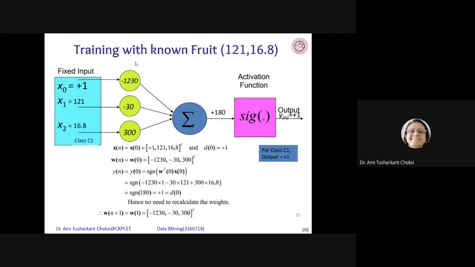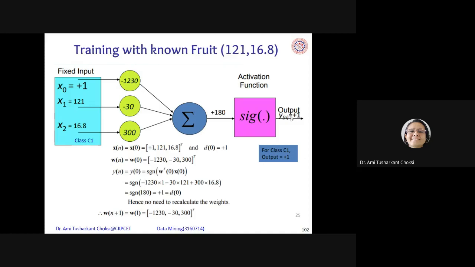So here we are training with known fruit. Fine? And 121, 16.8. Fine? Okay. Let's proceed. These things we have represented here. Now what? This is 1230, the initial bias, right? So we can say it is the weight of x0, isn't it? It is the weight of x0, fine? Minus 30, 300, which is already given in the problem statement. We are applying the summer. Then whatever we get will be given to the activation function, right?